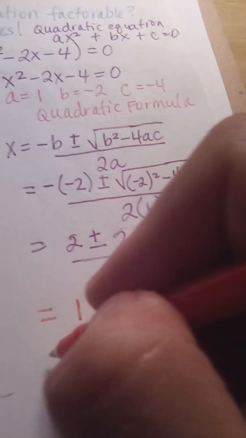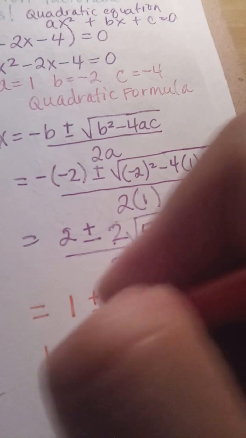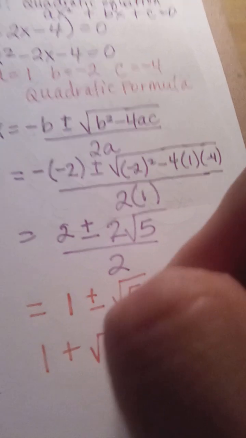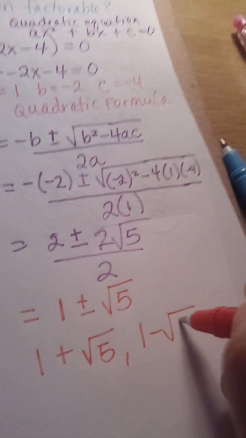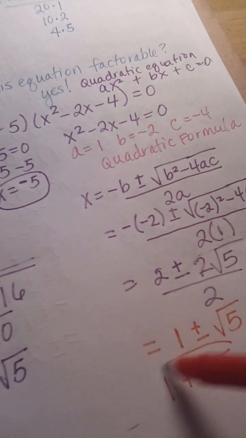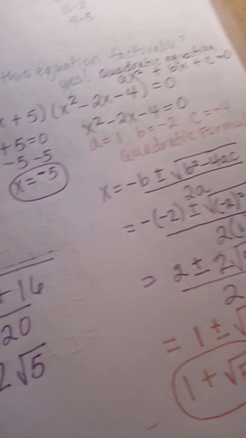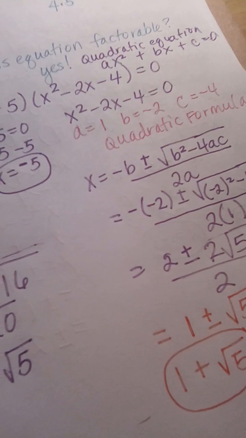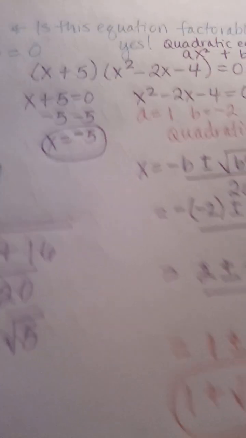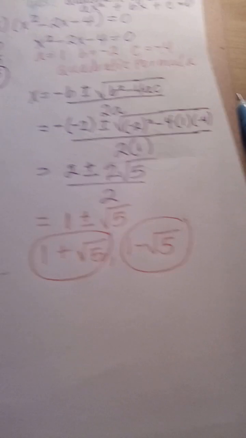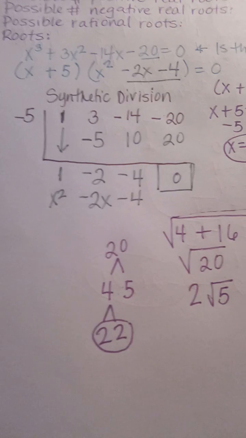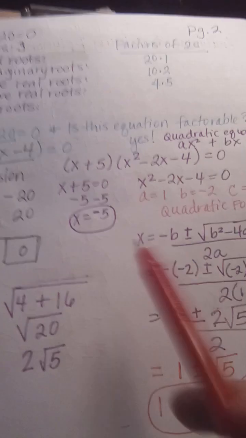Or you can expand it: 1 plus square root of 5, 1 minus square root of 5. That's our second and third part into one of these problems, okay? Any questions on this part and that?